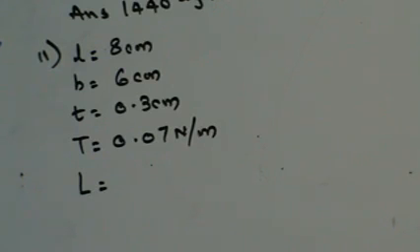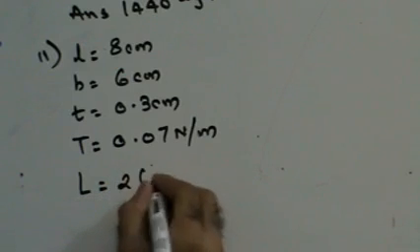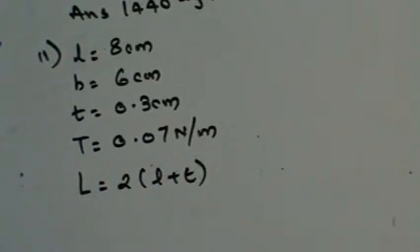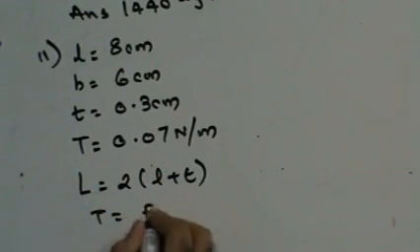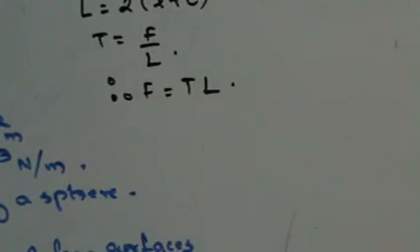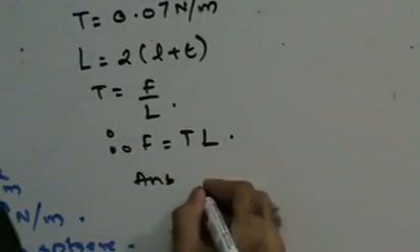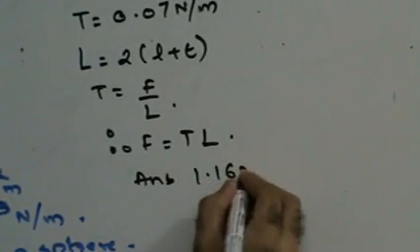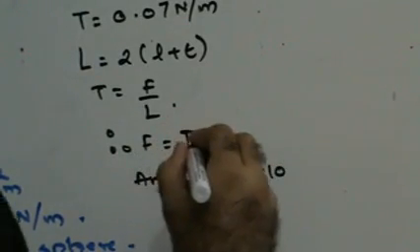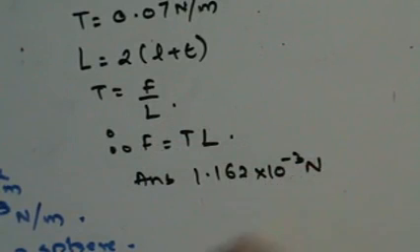Therefore, L is going to be twice (l plus t). Once I know this, surface tension is F upon L. Therefore, F is equal to T times L. You should be able to get the answer then, right? The answer for this sum should be 1.162 into 10 raised to minus 3 newtons.